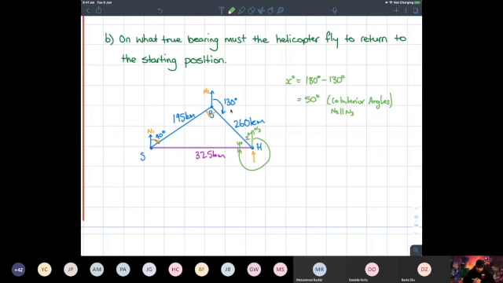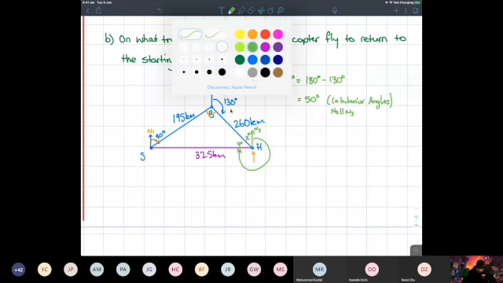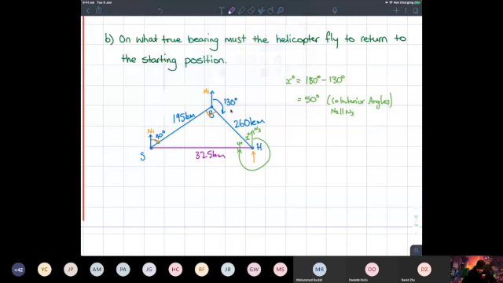Now with Y, Y is inside a triangle. So what I'm going to do with Y, let's pick this purple color, is use the adjacent side and the opposite side.